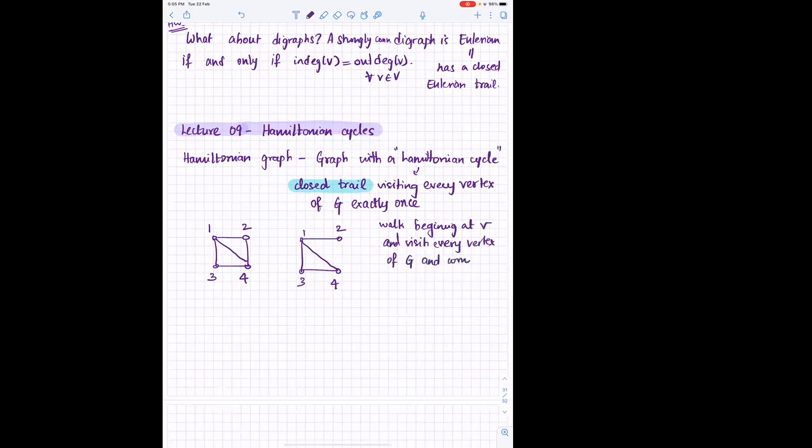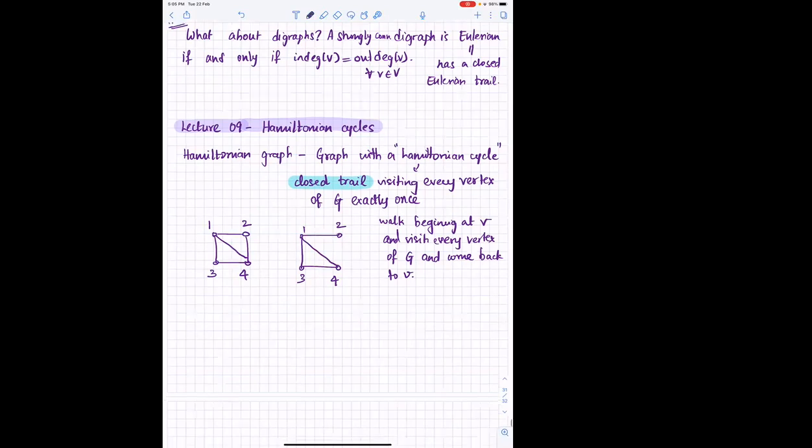Right? That's what a closed trail means. So 1, 3, 4, 1. But that does not visit 2, right? Yes, you must start at a vertex, you must end at that vertex, and you must visit every vertex in the graph.